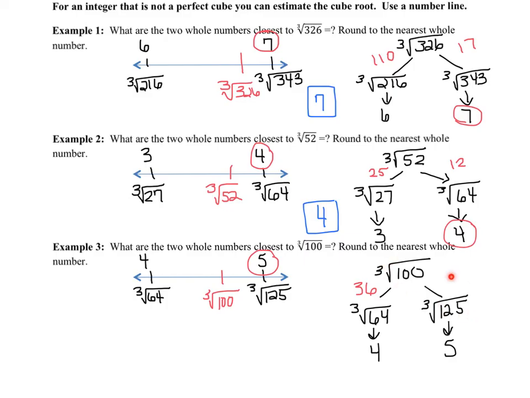The difference between 100 and 125 is 25. Which number is smaller? 25. Therefore, our answer is 5. So the nearest whole number is 5. Again, you only have to choose which way you want to do it, but I'm showing you both ways, the number line and the tree.